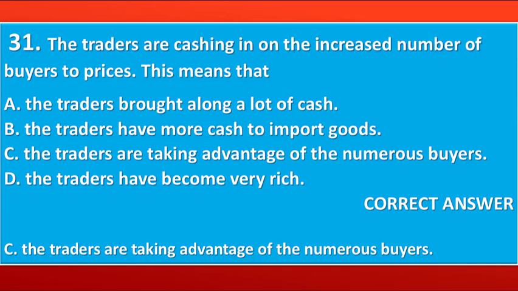C. The traders are taking advantage of the numerous buyers. D. The traders have become very rich. The correct answer to this question is C. The traders are cashing in on the increased number of buyers to raise prices. This means that the traders are taking advantage of the numerous buyers.